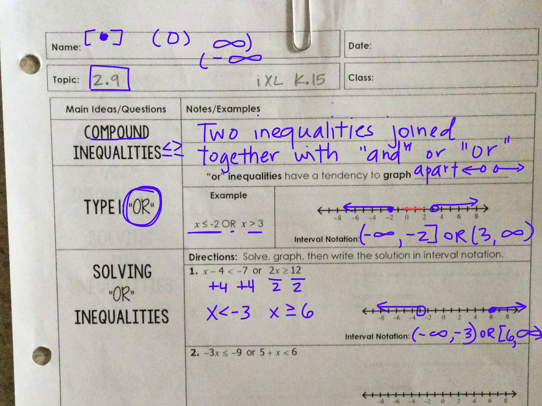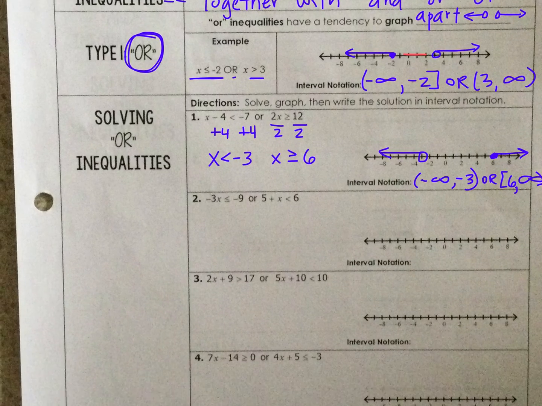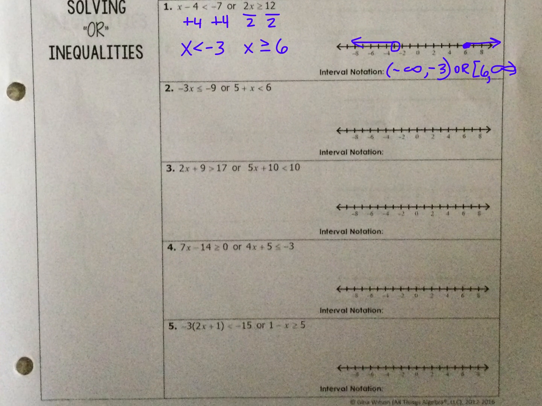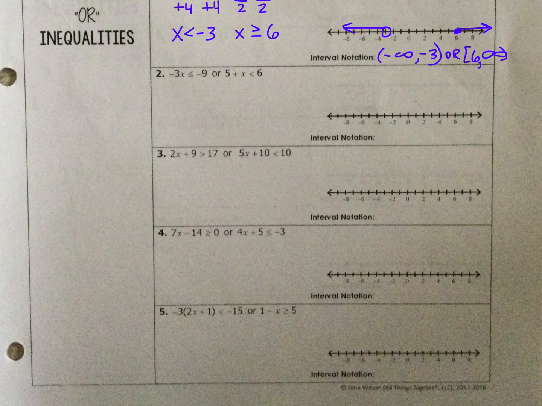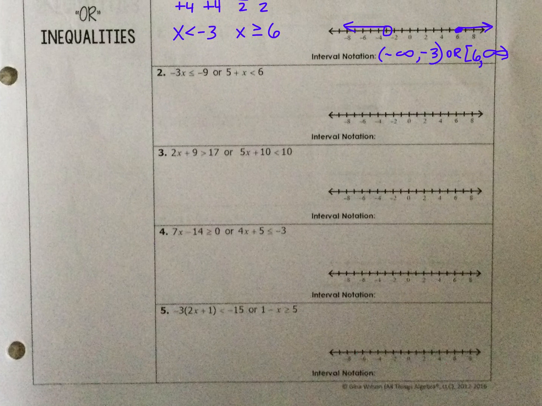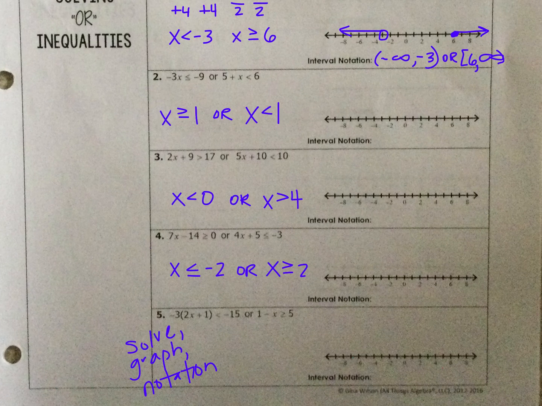All right, I'm going to write down the inequalities for 2, 3, 4, and then all I want you to do is graph it and write your interval notation. For number 5, I want you to solve and graph and write the notation. So I'm going to pause it for a second. For number 2, I wrote the information.